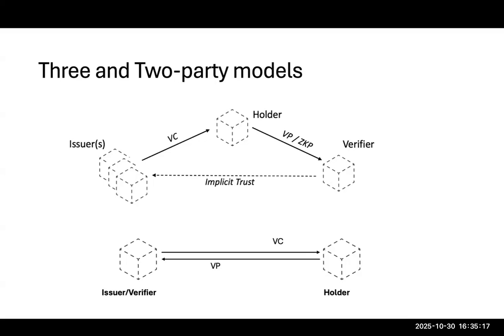What does it mean, this implicit trust? The verifier, we will see step by step, needs to verify the whole verifiable presentation. That means a lot of things, plus verify the signature of the holder on the verifiable presentation, and of course, verify the signature of the issuer on the verifiable credential.